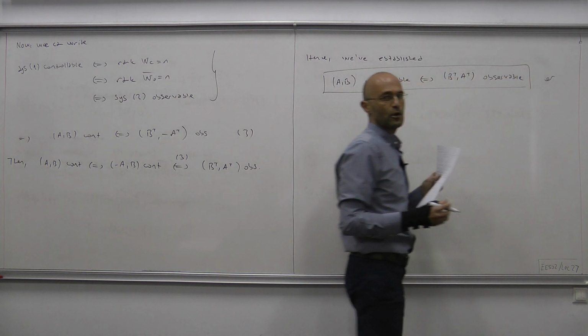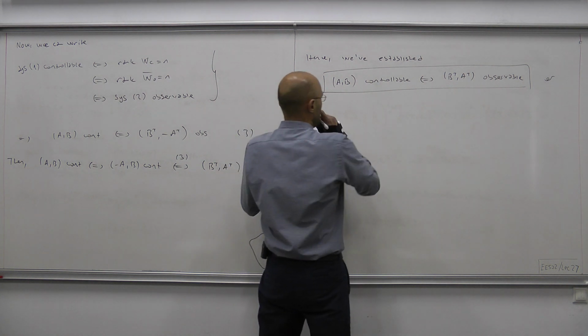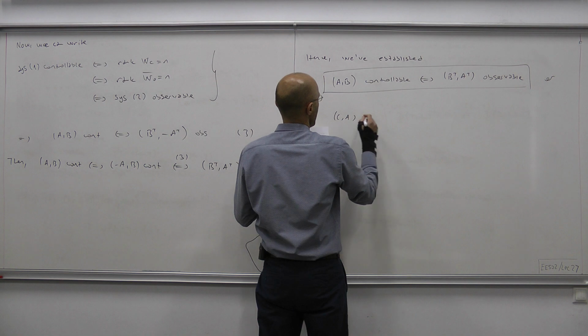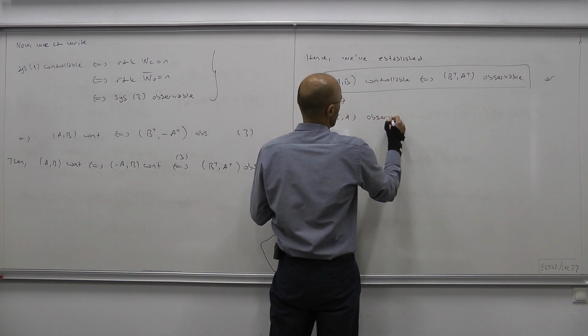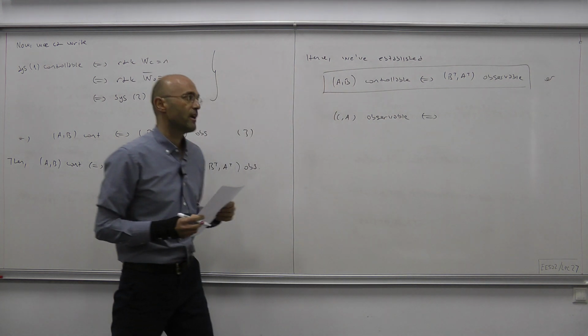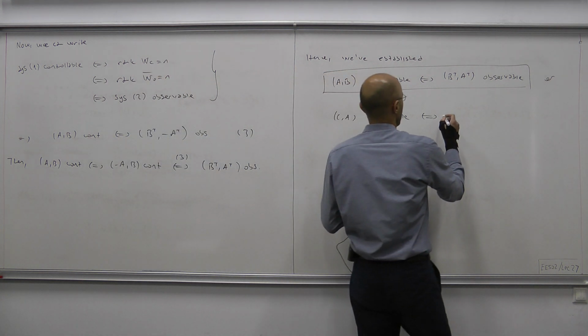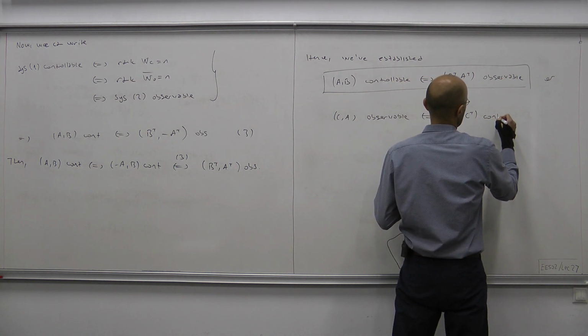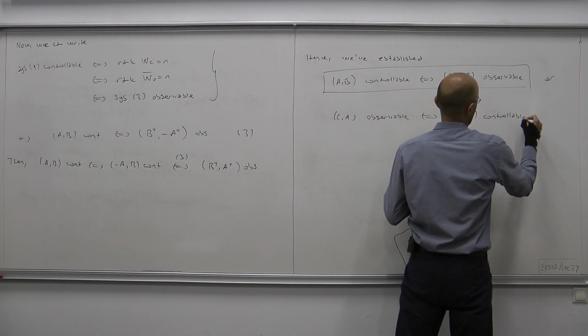Or equivalently, the pair CA is observable if and only if the pair A transpose C transpose is controllable.